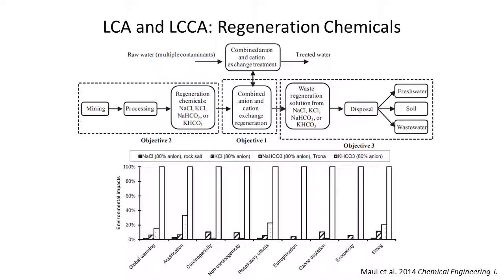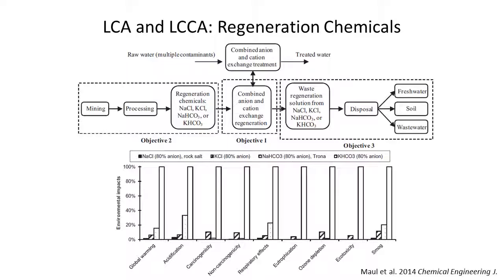This is the life cycle impacts. And those of you who are familiar with doing a life cycle assessment, these are called midpoint impact categories. And they represent different types of impacts that we have on the environment and on human health as we look at a product or process over its full life cycle.